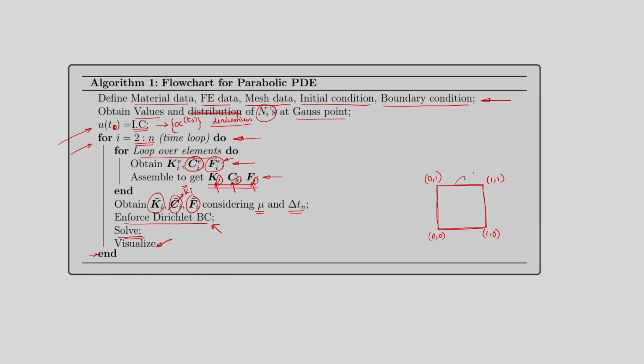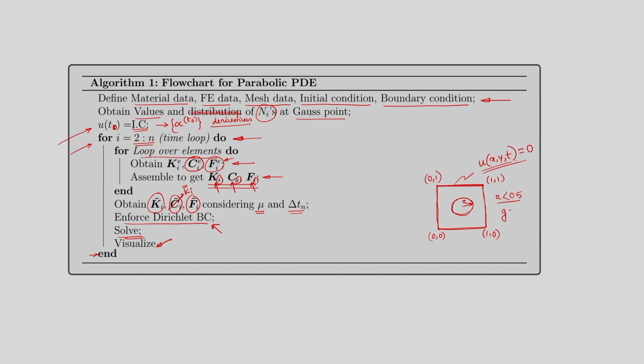For this problem, at the boundary we have assumed that the temperature for all time instances is equal to 0. This is for all the edges, so you say Dirichlet boundary condition. At the center of the domain, in a circle of radius less than 0.5, there is a heat generation term.